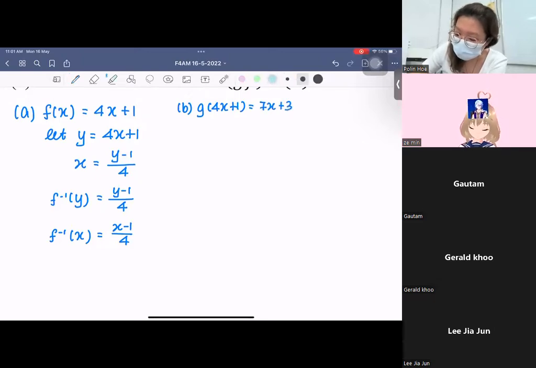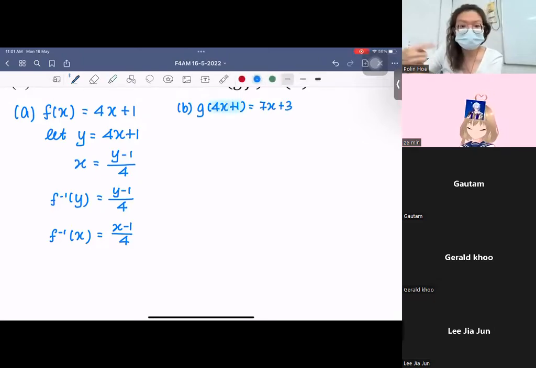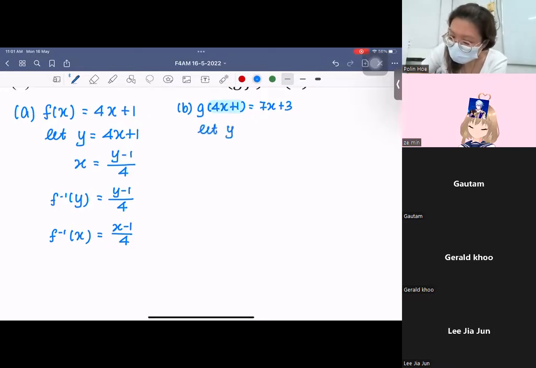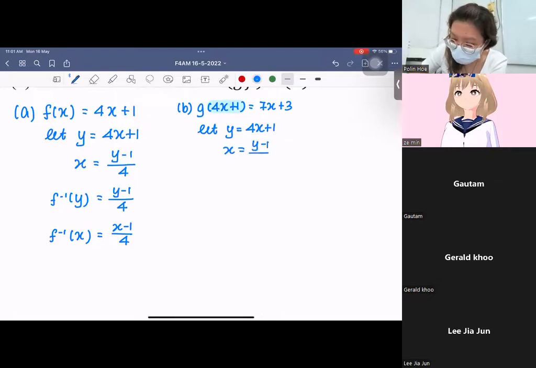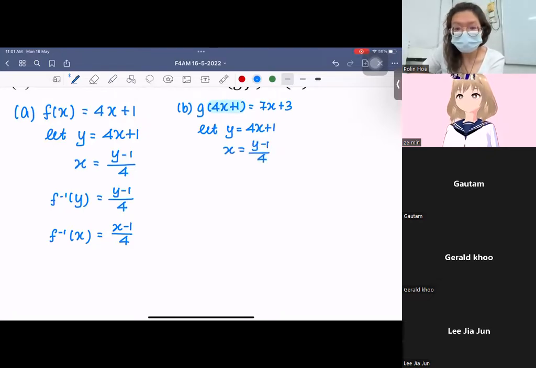Let y equal the function inside, because this is a composite function. Let y equals 4x plus 1, and then x will be equal to y minus 1 over 4. I have x, I have y.